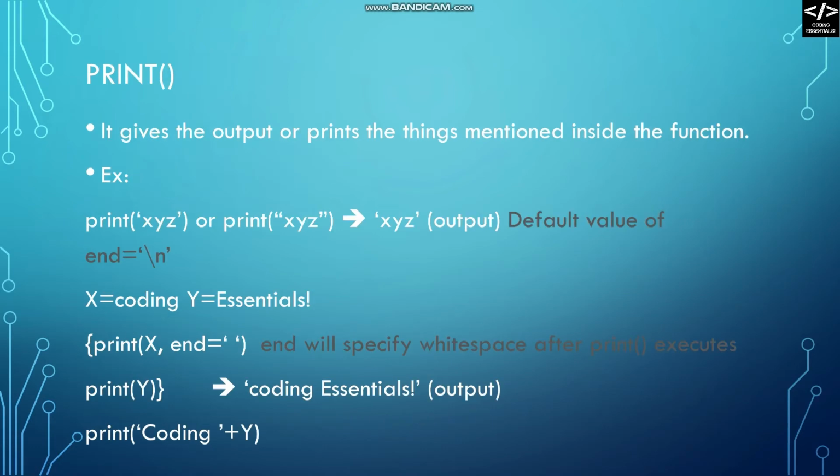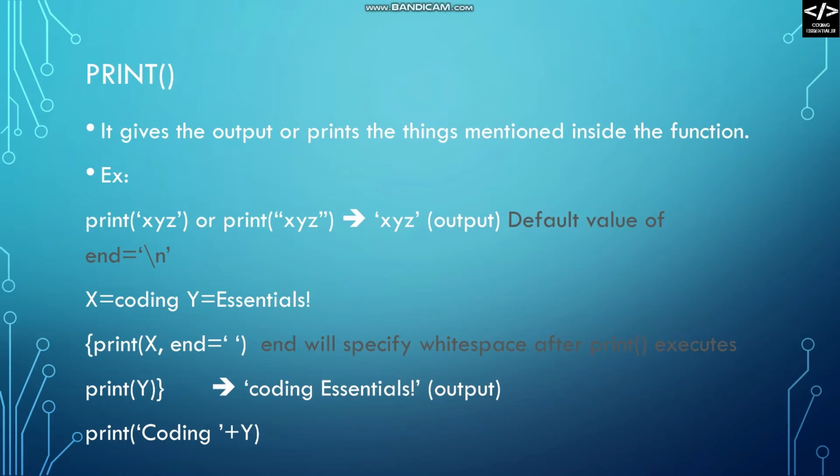Now let's see the print function. It is an inbuilt function which gives the output or prints the things mentioned inside the function. For example, print 'xyz' or print "xyz". You can use either single inverted commas or double inverted commas for any string.